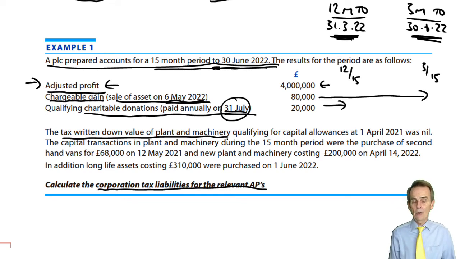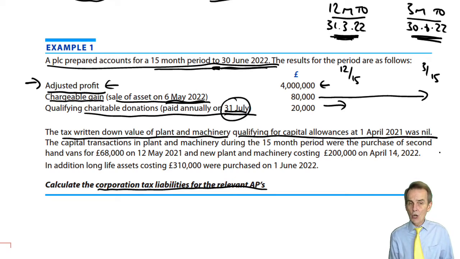Most likely the main pool, possibly main pool and or special rate pool. Less likely, of course, is if we've got a short life asset. But here, tax written down value of plant and machinery qualifying for capital allowances at the 1st of April 21 was nil. So there's no tax written down values brought forward.